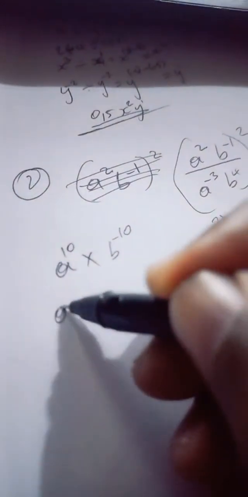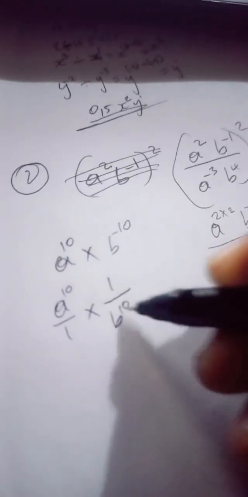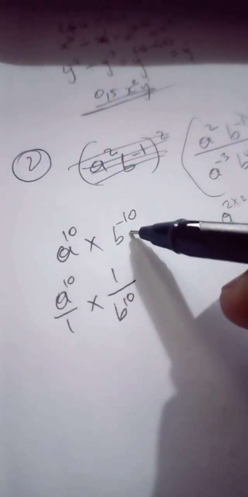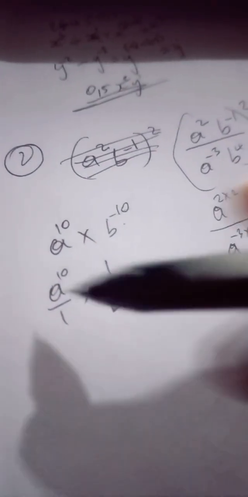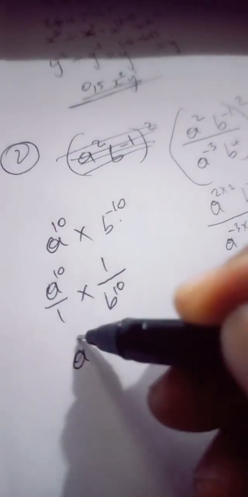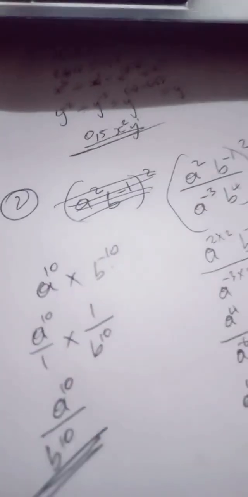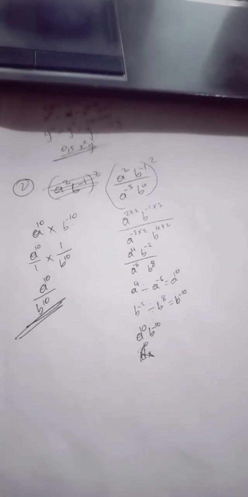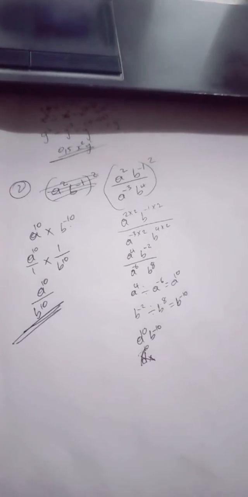So we are going to say a to the power 10 over 1 times 1 over b to the power 10. This exponent is now positive. So this times this, a to the power 10 over b to the power 10. Now this is our full answer. The calculation seems long because I'm breaking it down. I hope you are getting what I'm trying to say.